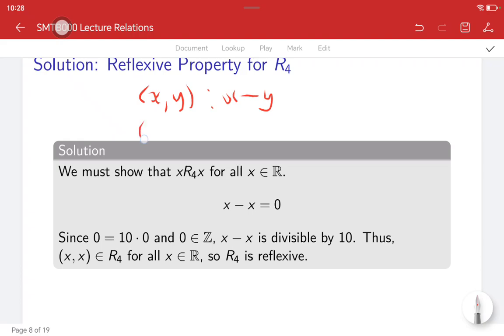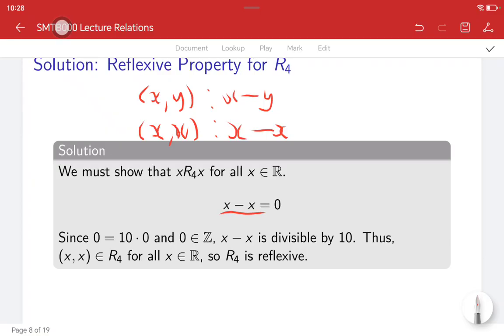But if I take the ordered pair XX, it means that this will be X minus X, because now the X has taken the place of Y. You said right. And this will be X minus X, which is equal to 0.